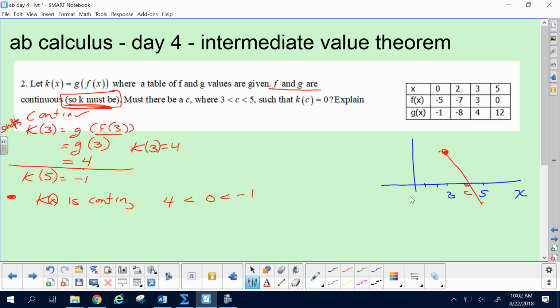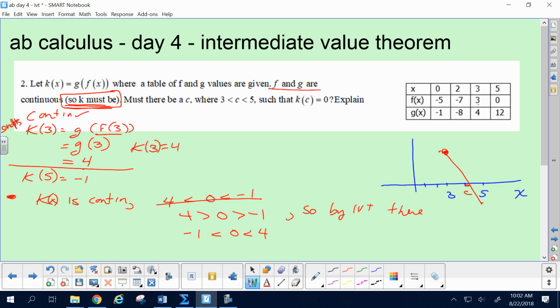So you could either write 4 is greater than 0, which is greater than negative 1, or negative 1 is less than 0 is less than 4. Do you agree both mean 0 is between? Yes. So both are fine. Okay? And, oh sorry, k is continuous.